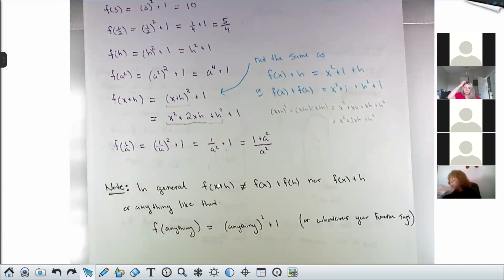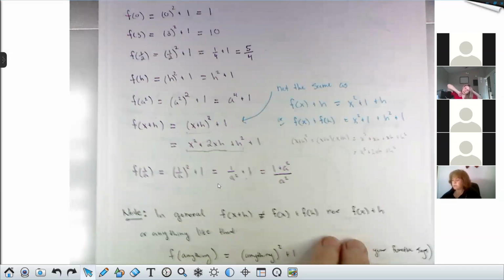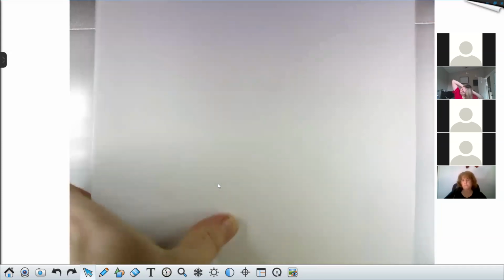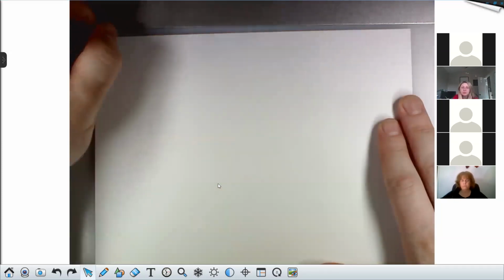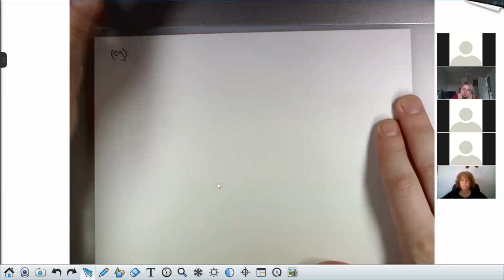Okay, I want to do one more of these that has us working a little bit more carefully with some fractions. We'll move through a bit quicker. You can get used to working with different symbols.